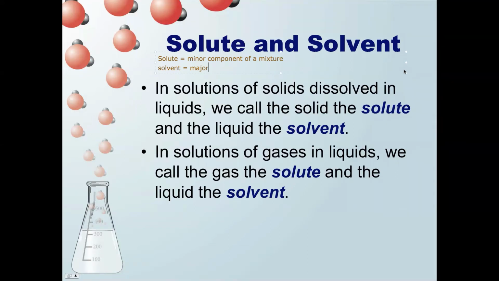And usually by major, it means like 95% plus. Largely, it's overwhelmingly water and a very small amount of salt. Okay. So they come together and they make the solution. The solution is equal to the solute plus the solvent.